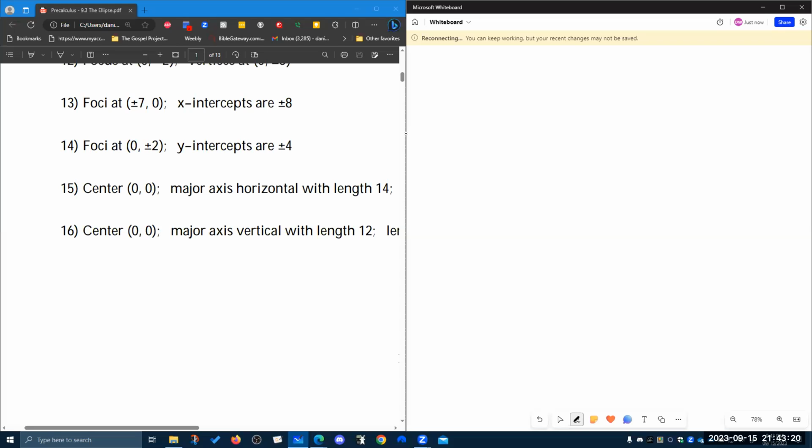X-intercepts are at ±8. So that's new. So we've got, when c squared is 49.